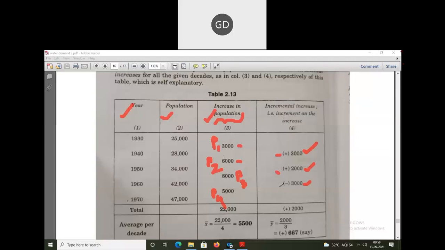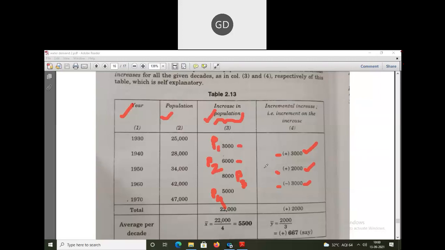In the incremental increase method, the population might increase and it might also decrease. So as per the incremental increase method, in a city the population might increase or decrease.